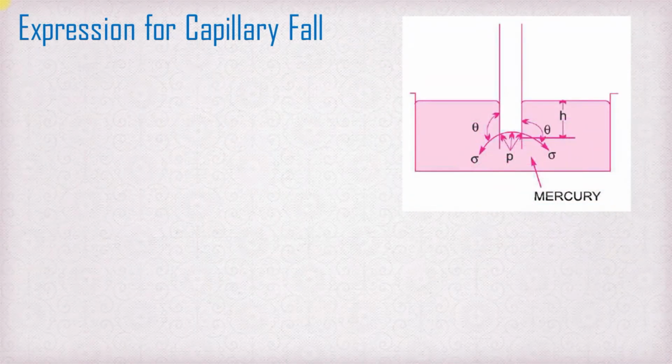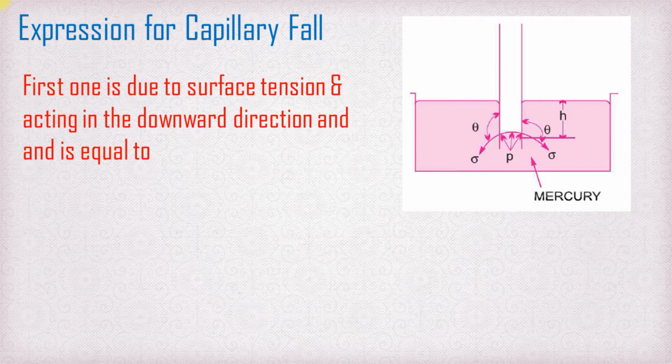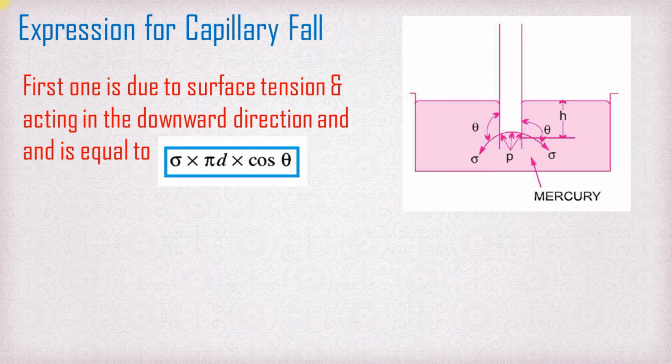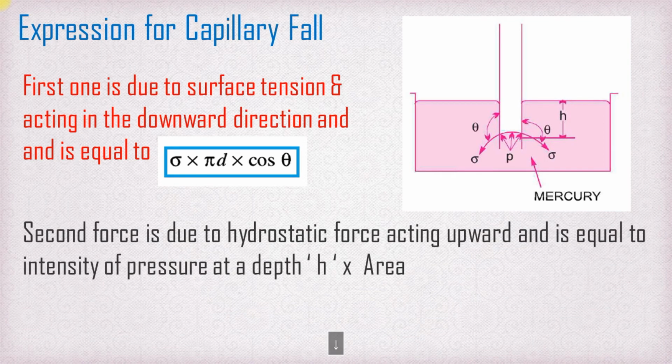Here we are considering the vertical component of sigma. The term making an angle with the reference line is called the cos term, and the remaining term is called the sin term. Here sigma is the surface tension, pi d is the circumference of the tube, and cos theta gives the vertical component of sigma.